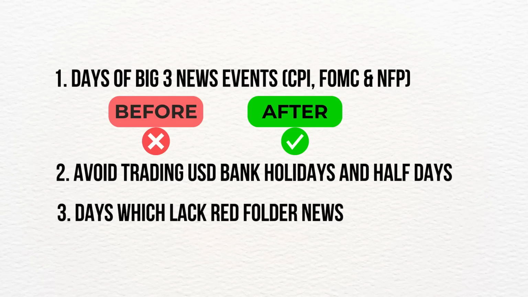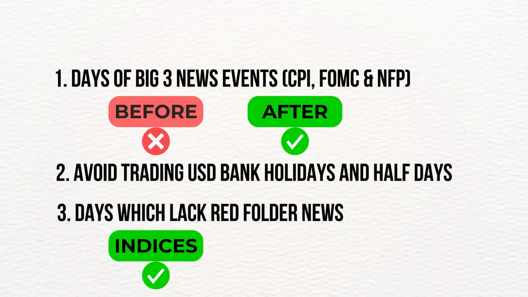So I will often trade indices without red folder news on the day, and you will see them move quite nicely. Whereas Forex, if you have a day which is lacking red folder news, I do not intraday trade that. I avoid it as I see that as low probability because there is no volatility injector for that day. So I wait for days which have red folder news.